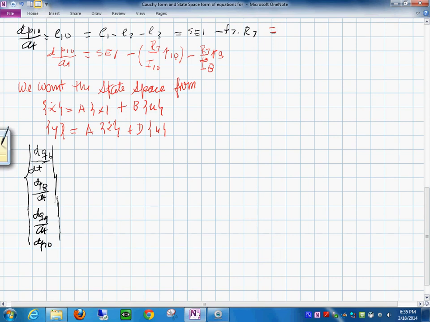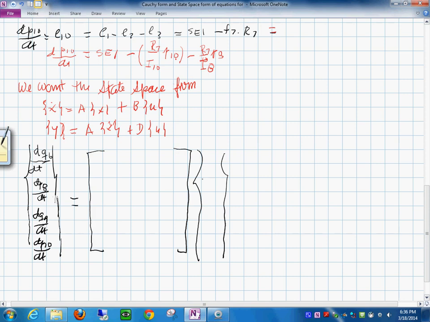So we have all the derivatives on the side, and then we're going to put this multiplied by a matrix like this, and the vector of states, this x, which would be q sub 6 in this case, p sub 8, and so on.